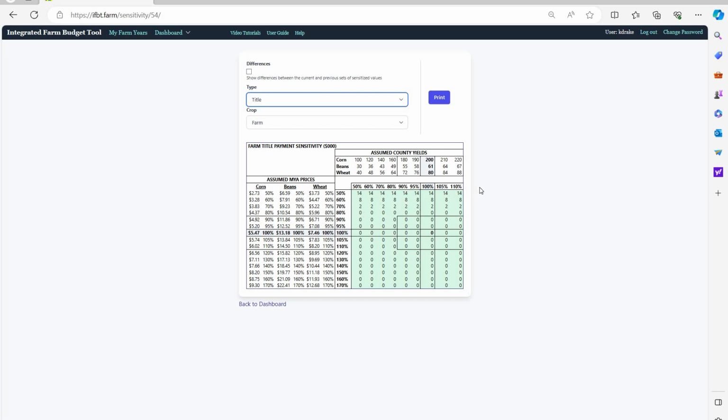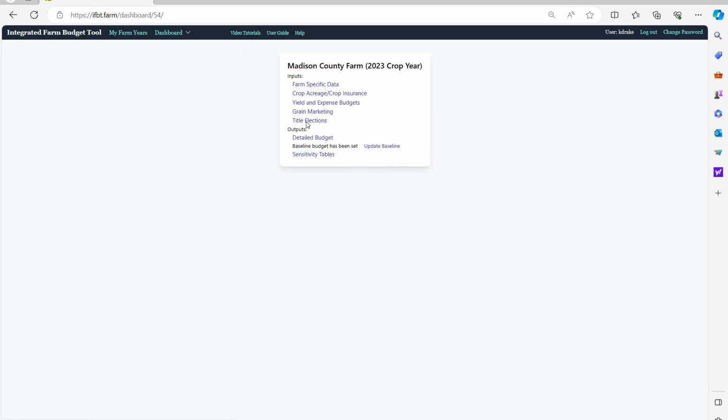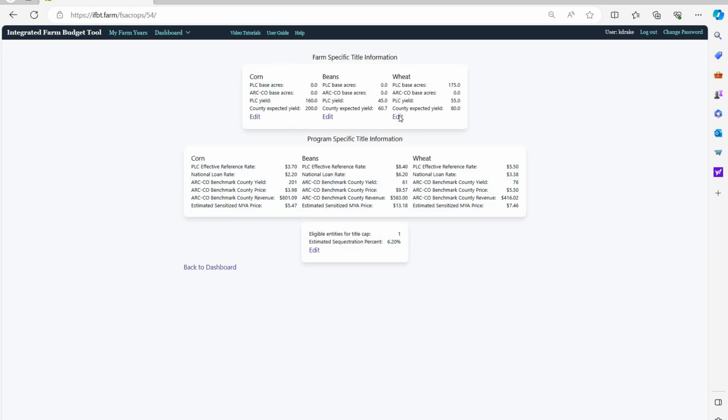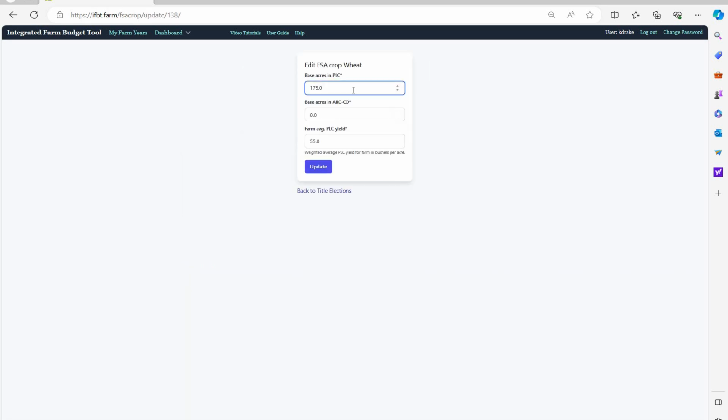Relatively small dollar amounts because we only have 175 base acres in wheat. We'll go back and we'll put those same acres out of PLC and into ARC-CO.